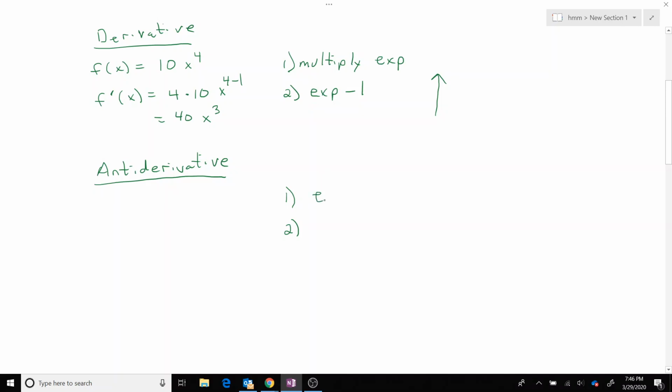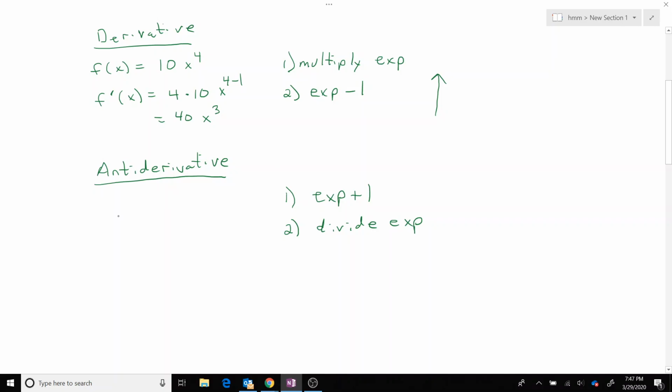Doing an antiderivative, we're going to take the exponent and we're going to add 1. And then the first thing we do on taking a derivative is we multiply by the exponent. That's going to be our second step down here, and we're not going to multiply, we're going to divide. So an antiderivative has the same two steps except they're opposite and they're in the opposite order.